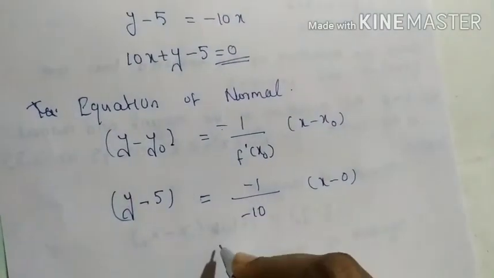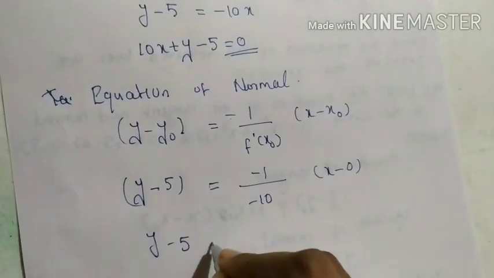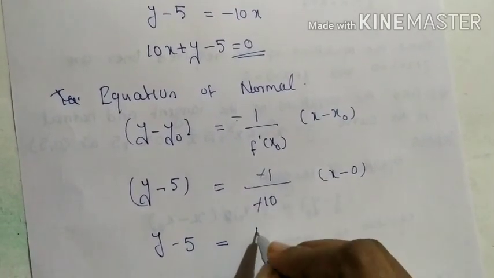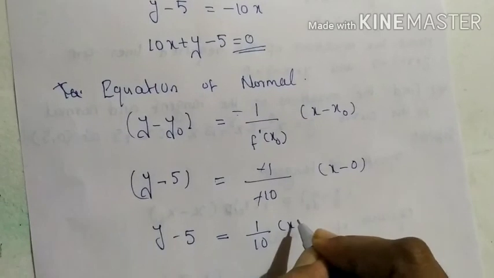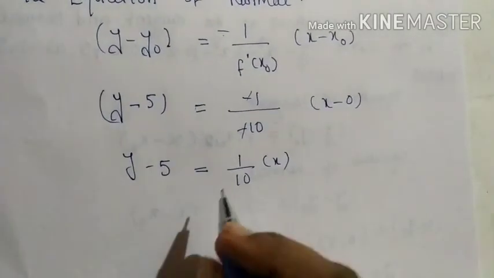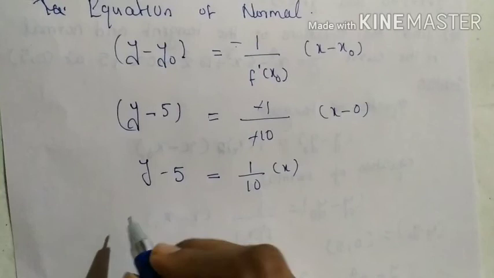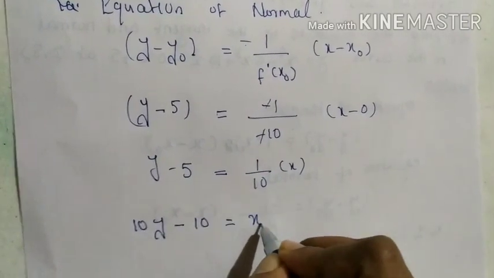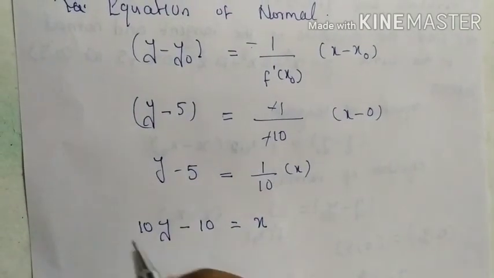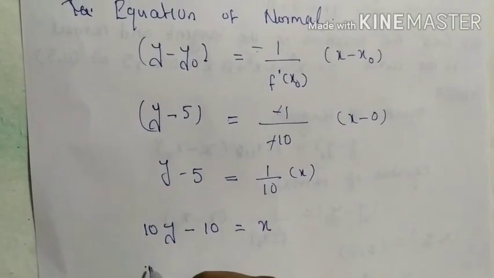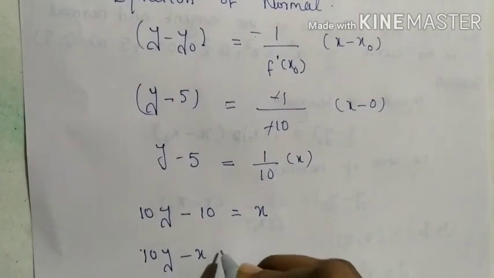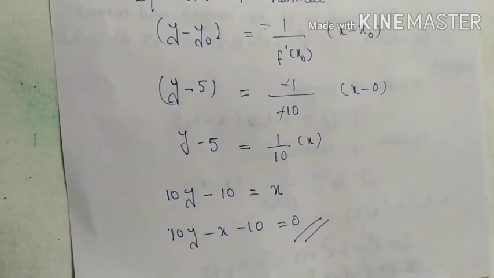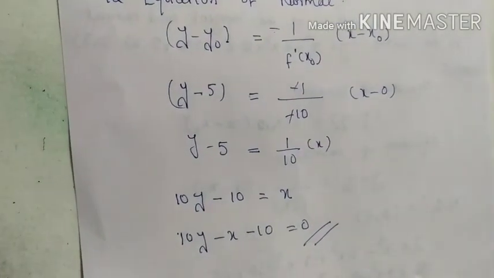Here we get y minus 5 equal to, these two minus signs will cancel and we get 1 by 10 x. x minus 0 is simply x, right? So taking this 10 to LHS, we get 10y minus 50 equal to x. And taking all the terms to LHS, we get 10y minus x minus 50 equal to 0. This is our equation of normal. Okay, I hope you understood. It's a simple question.